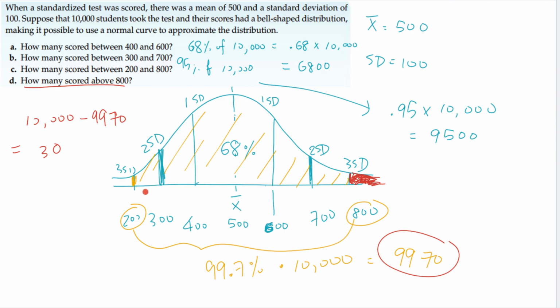But since those two are symmetrical, we can just divide that by 2 to find only one end. So 15. So the students here is about 15 and the other end is also 15. So how many scored above 800? About 15. Okay.